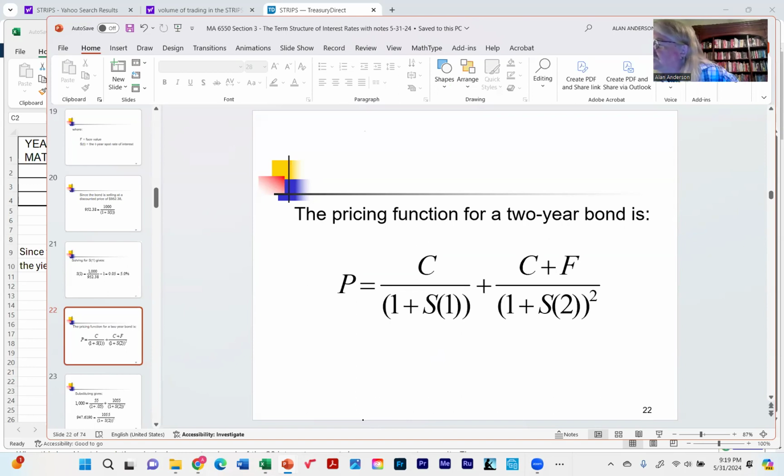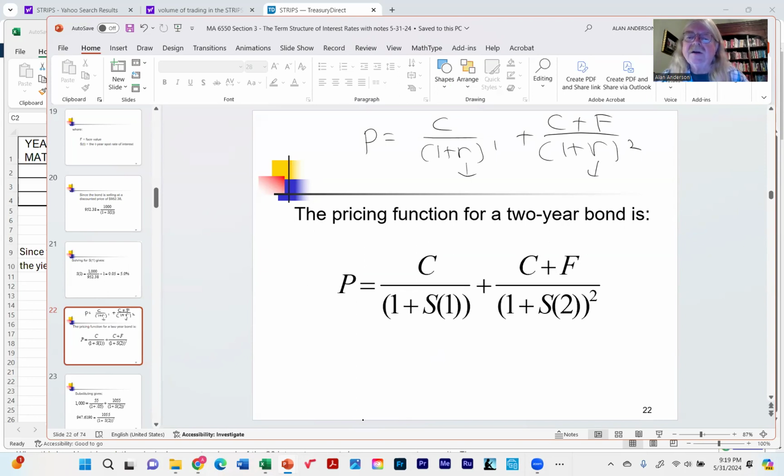If we were pricing this bond with yields, these are both the same number. It's a constant across the board. But here, we can have a different value of S1 and S2. That's one of the major differences between spot rates and yields.